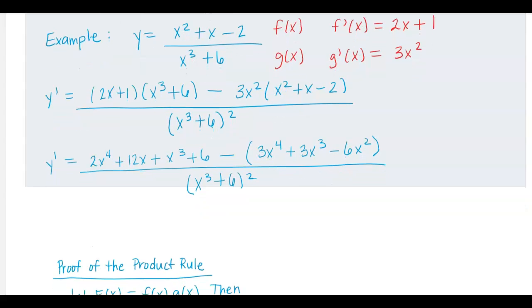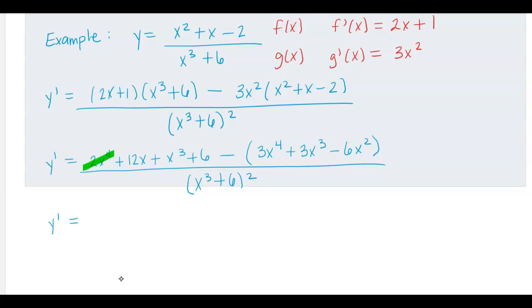And then combining like terms, just to simplify. Let's see, I've got 2x to the fourth minus 3x to the fourth. So that's going to be a negative x to the fourth power. And then I've got an x cubed and a 3x cubed.